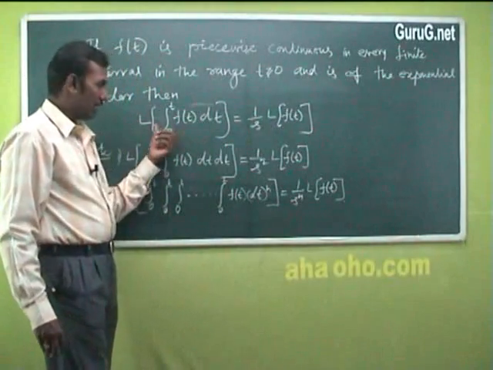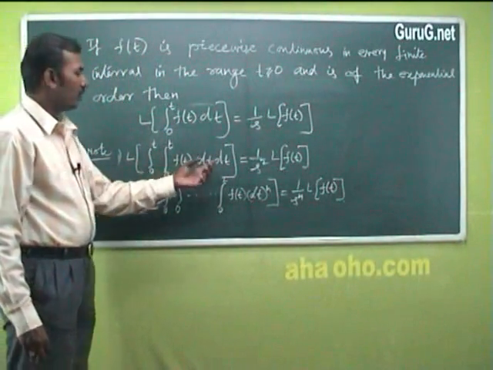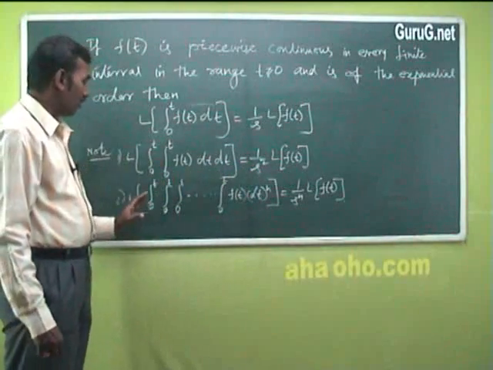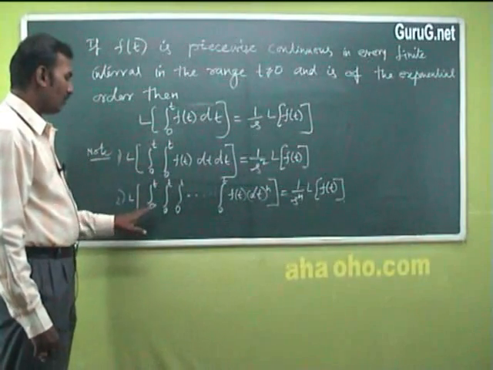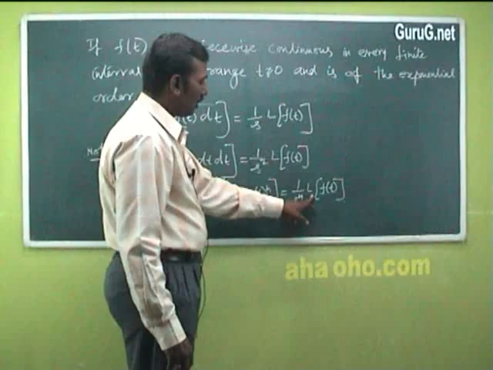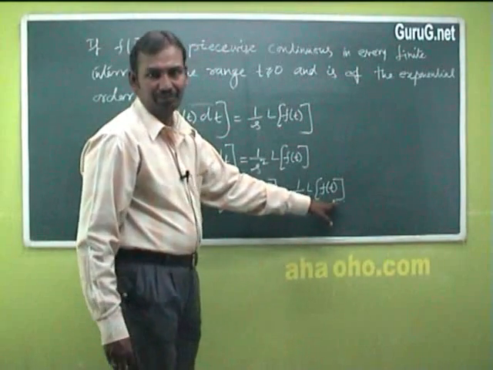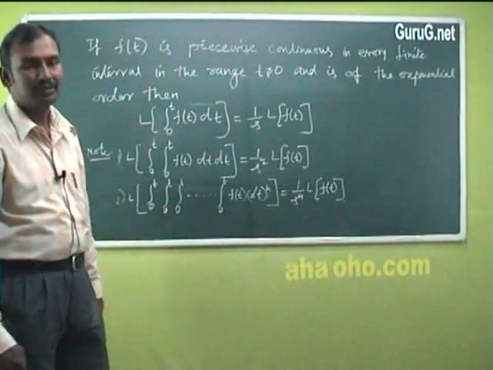You remember this result, right? And then if it is a double integral, it will be 1 by s square. Same in general, if it is n integral, then Laplace transformation of n integral is nothing but 1 by s power n into L of f of t. Clear? We'll do one problem, then only you can understand this idea, right?